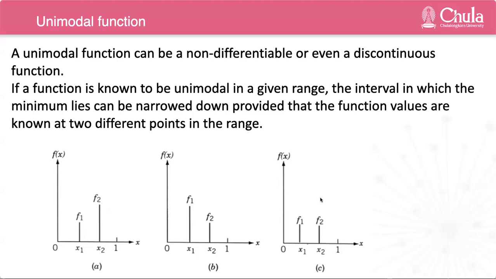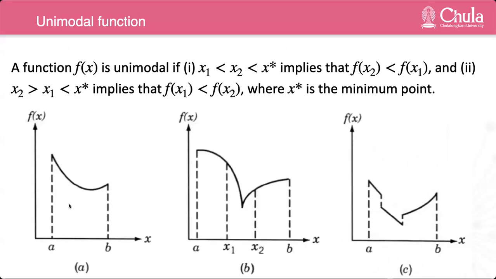Sir, can you define unimodal now? I'm starting to get confused. Like, here A, B, C, they are unimodal because there's a point that is lower. No, for unimodal, remember that it's uni, meaning one, right?